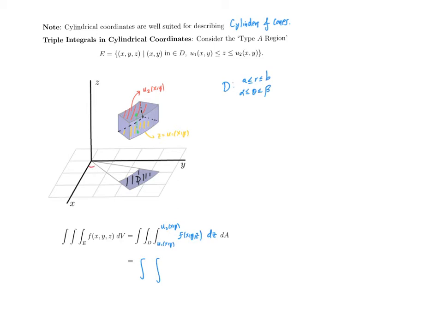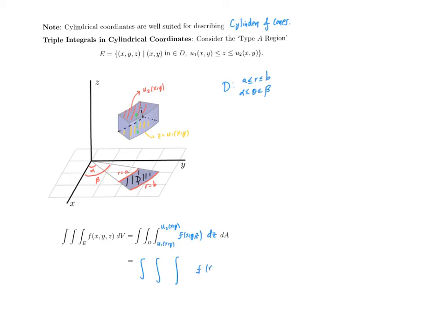So alpha would be the smaller theta value, beta would be the larger, and the inside portion of D would be r equals a, and the outside portion of D would be given by r equals b. Essentially what we need to do is take our triple integral and convert everything in terms of polar coordinates for x and y and leave the z as it is.